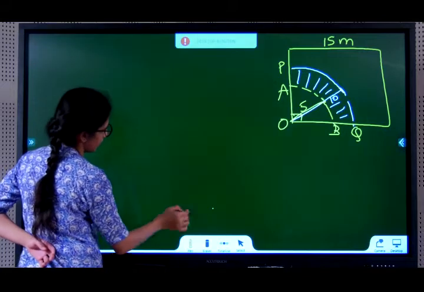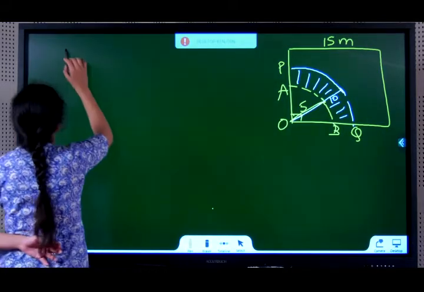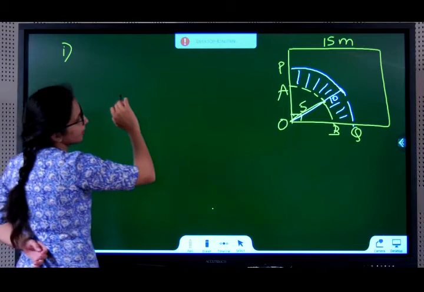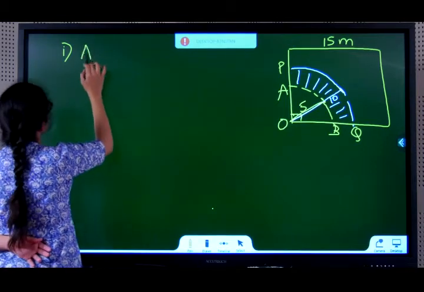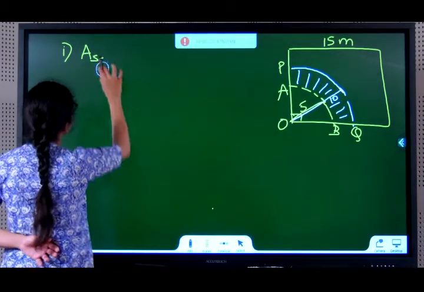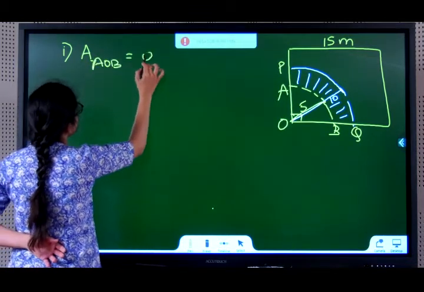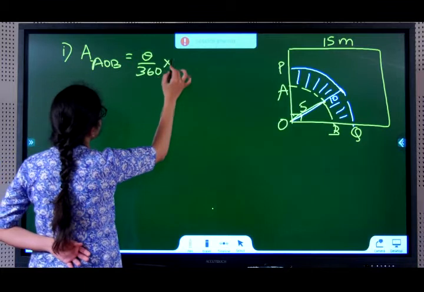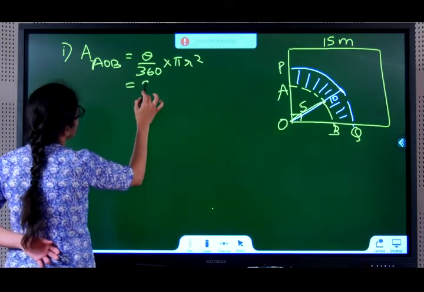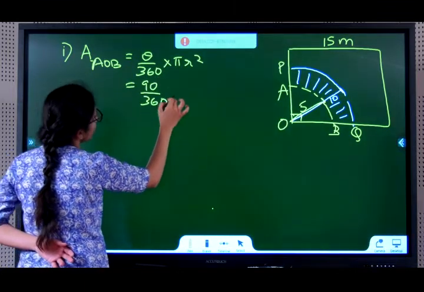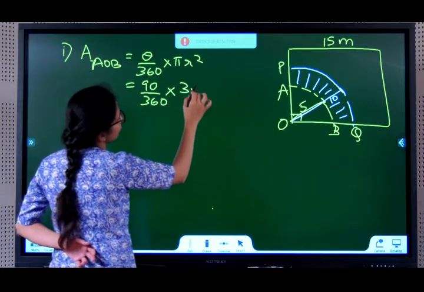Let's begin. So for the first part, area of original grazing, right? So area of sector formula. So we can just use the formula, write down area of AOB, theta by 360 into pi r square. 90 by 360 into pi. What is pi? 3.14.